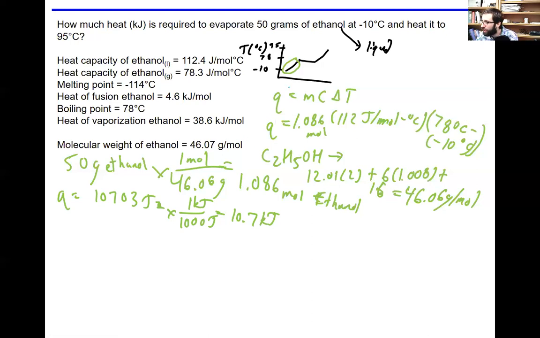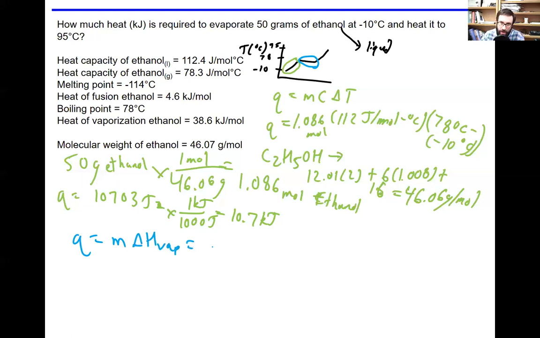Now let's do another color for this part. That is the heat. We're going to have to use the heat of vaporization. We're vaporizing it, right, guys? So it's a certain number of kilojoules per mole. So this is just going to be Q equals our moles times our delta H vaporization.